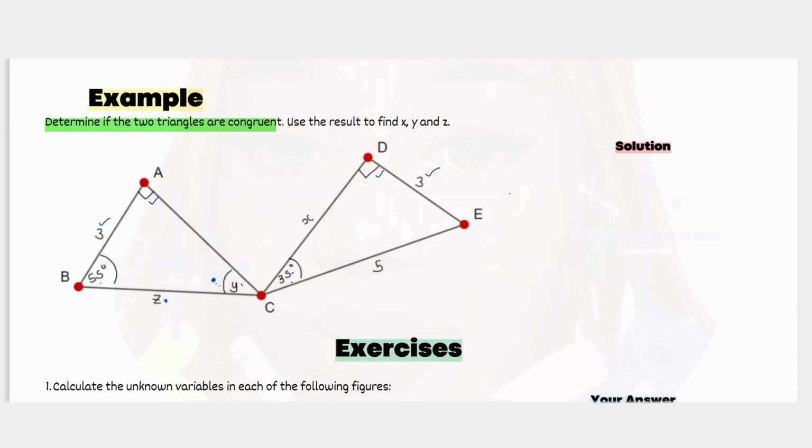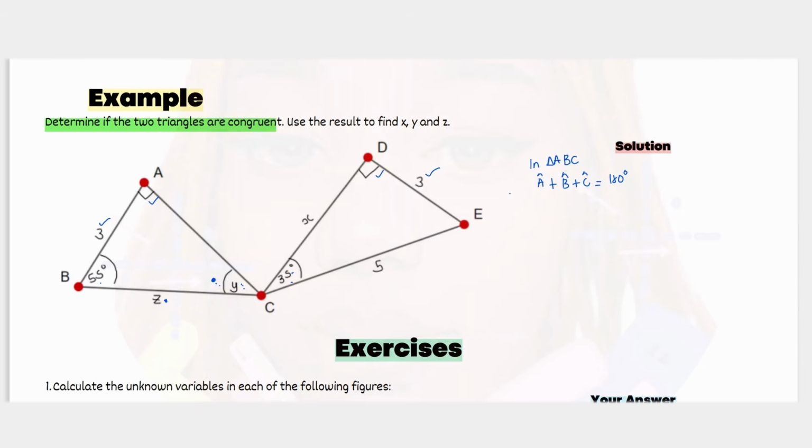So in triangle ABC, angle A plus angle B plus angle C, meaning this one, needs to be equal to 180 degrees. What do we have?